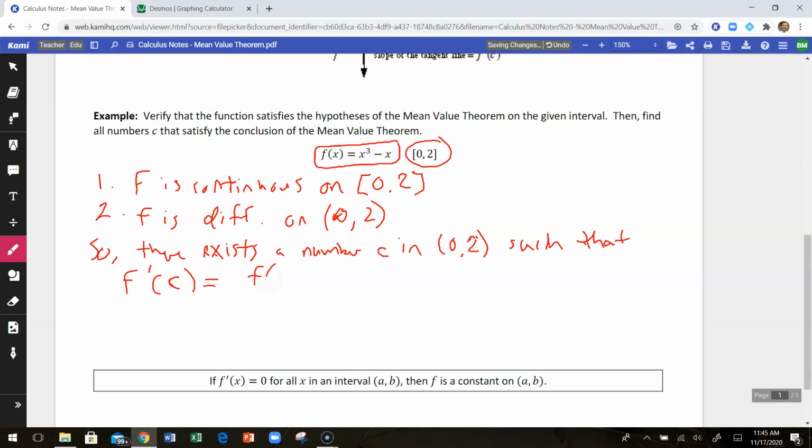So this is going to equal f of 2 minus f of 0 over 2 minus 0.